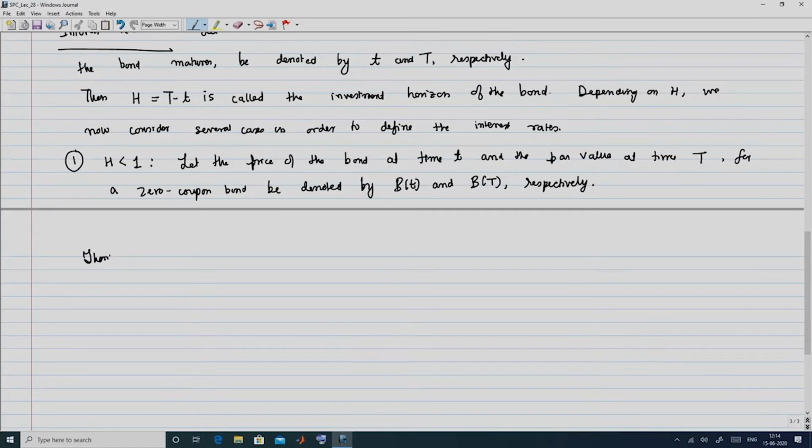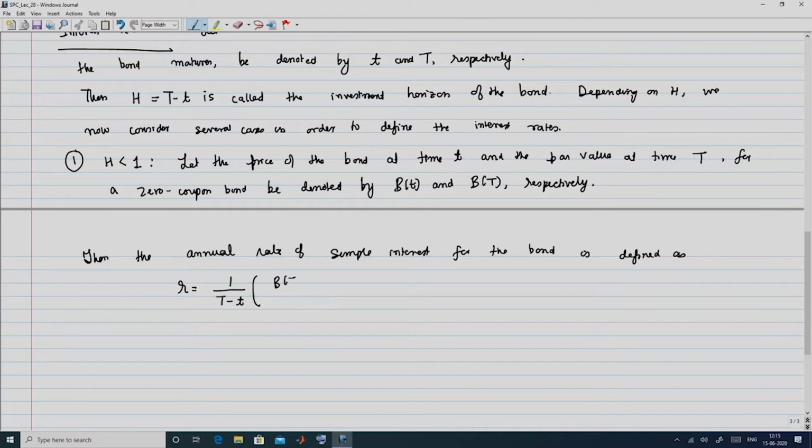Then the annual rate of simple interest for the bond is defined as R is equal to 1 over capital T minus small t into B of capital T minus B of small t over B of small t.